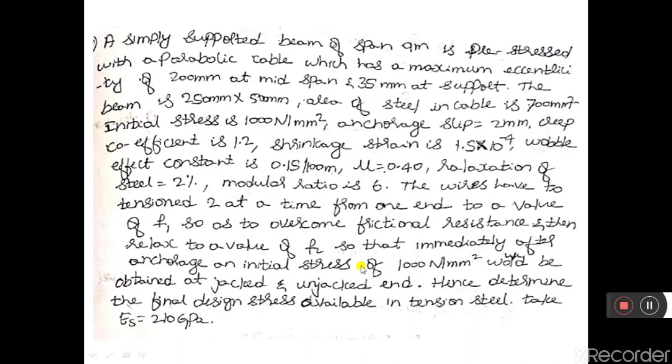So he has given two conditions. The first condition is that immediately after friction loss the initial stresses at both the ends, that is F1, should be 1000 Newton per mm square. The second condition is that the initial stresses in the cable at both the ends immediately after anchorage slippage should be 1000 Newton per mm square. These are the two conditions given.